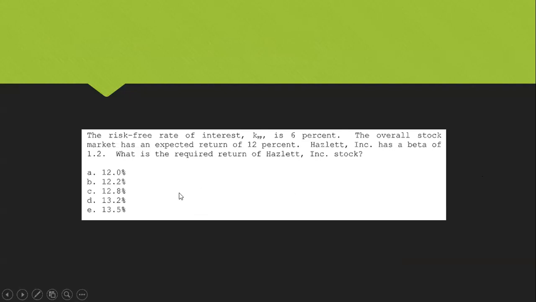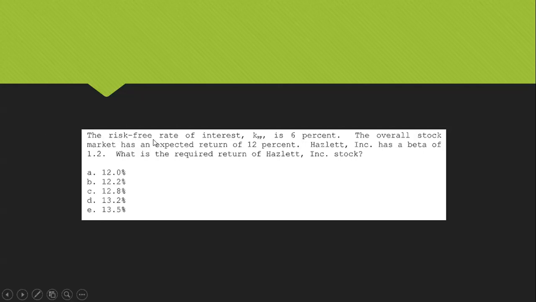At this point, let's strengthen our understanding of the CAPM formula by solving this problem. For the risk-free rate of interest, sometimes it is K, sometimes R, sometimes I, because these variables are merely representatives and can be different letters. Just look at the description.